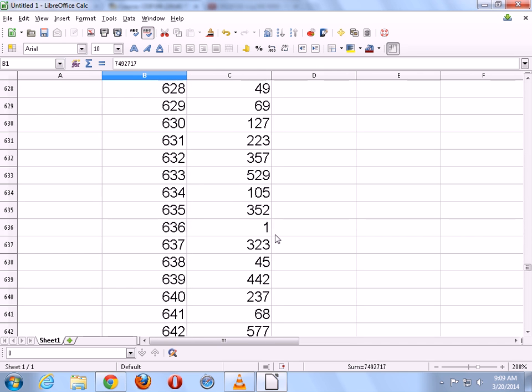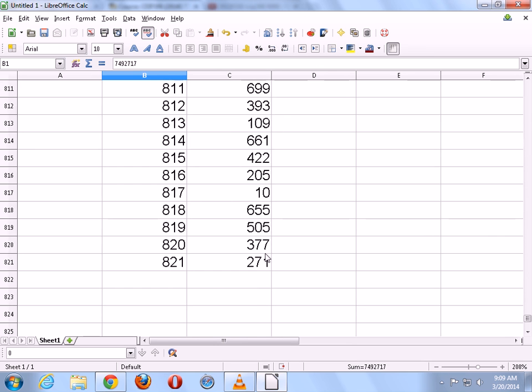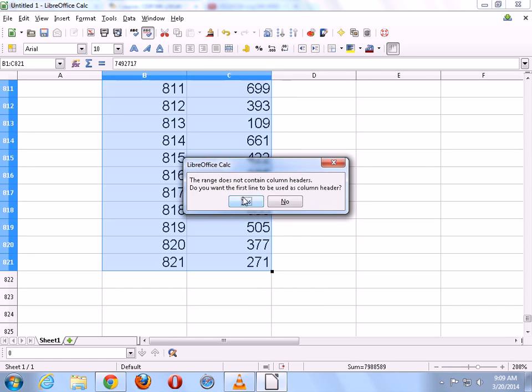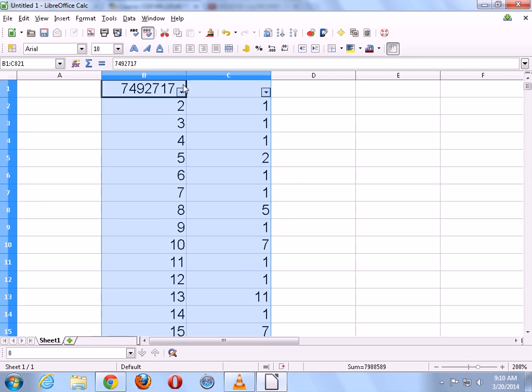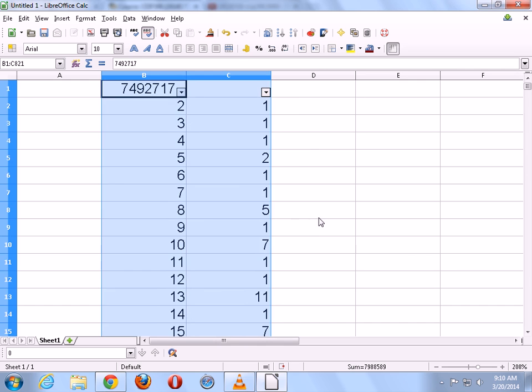I might have picked a really big prime number too, just by chance. Okay, so how do I put a filter there? Let's see, filter, auto filter, standard filter, advanced filter. Let's try auto filter. If you just select the top 2, the number that you put on there and the one next to it, there you go. And then if you go to the right, you can look for 0. There's no 0 yet, because otherwise a 0 will show up here, right? Okay, that's a good idea. Thank you.